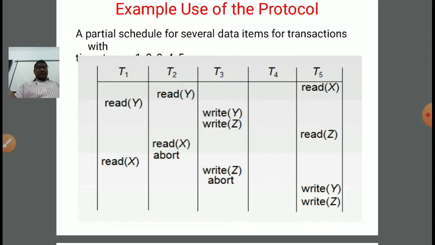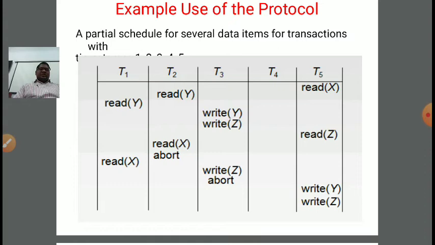So T1 is first doing a read operation on data item Y and at the last a read operation on the X data item. Similarly T2 is performing a read operation on data item Y and at the last a read operation on data item X. After that it is aborting, forcefully ending the transaction.